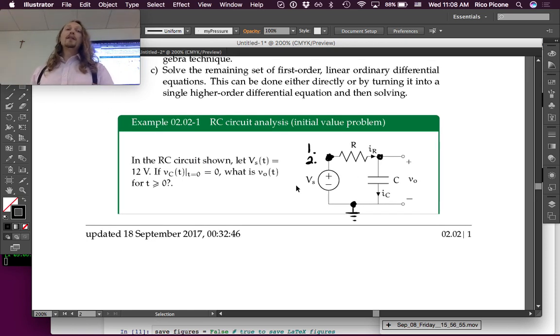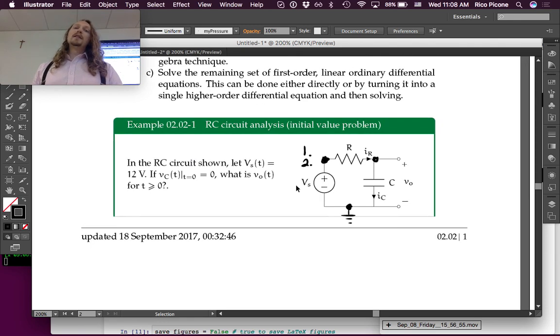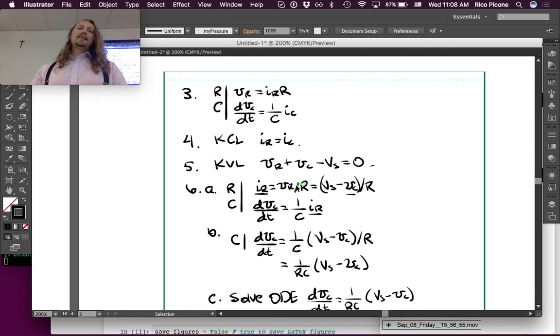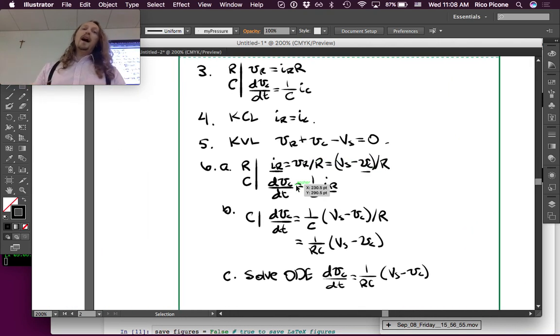Okay, so we were solving this, and steps 1 and 2 are done for us. Steps 3, 4, and 5 were easy. We just wrote down 4 equations: 2 elemental equations, a KCL equation, and a KVL equation. And then we got to step 6, and that one breaks out into multiple parts.